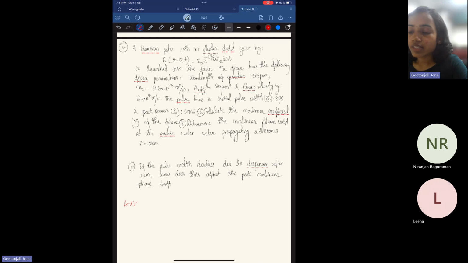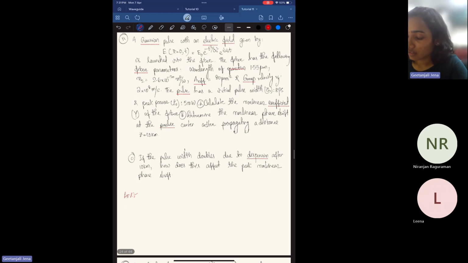There is a Gaussian pulse with the electric field given by E(z=0, t) = E0 e to the minus t square over tau 0 square, e to the i omega 0 t.